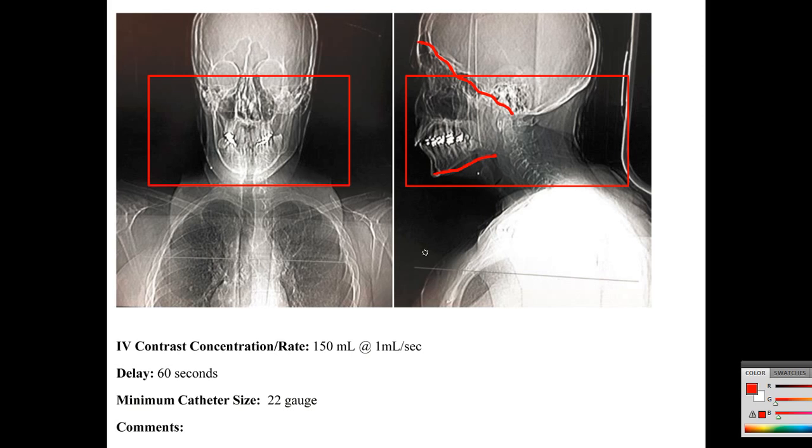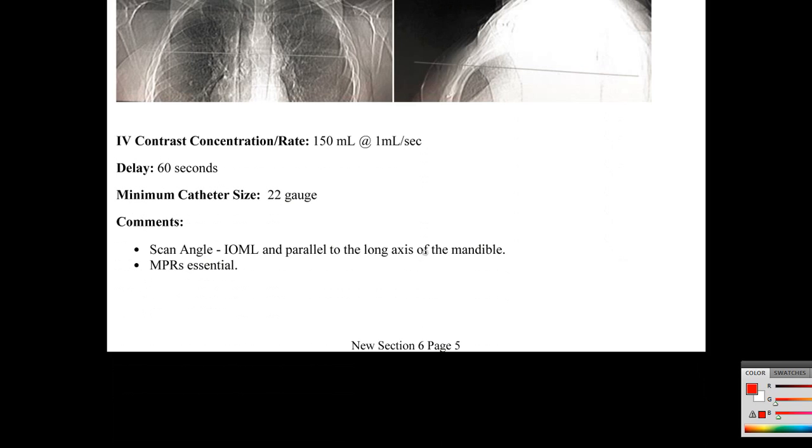However, it must be stated once again that usually you scan pretty much straight. You don't angle the gantry, and then you utilize your MPRs to perform angulation. So all of this is done in the post-processing portion of the scan.